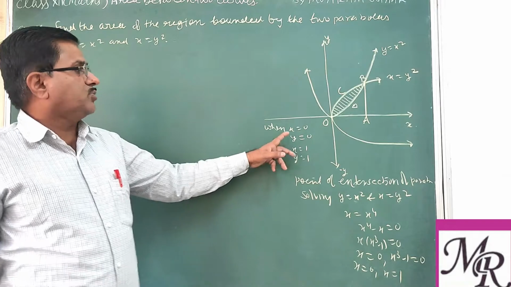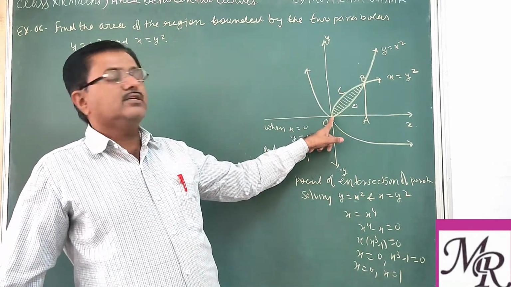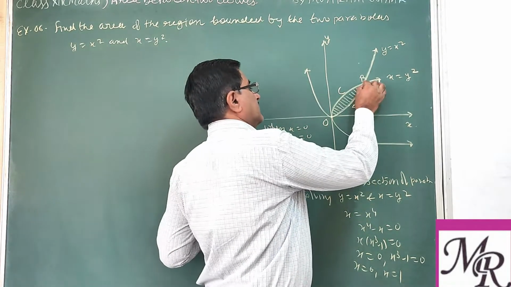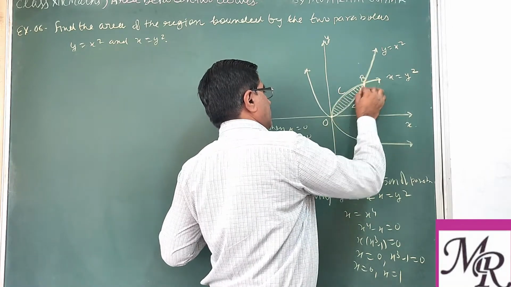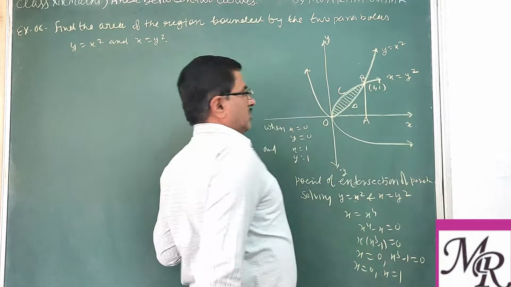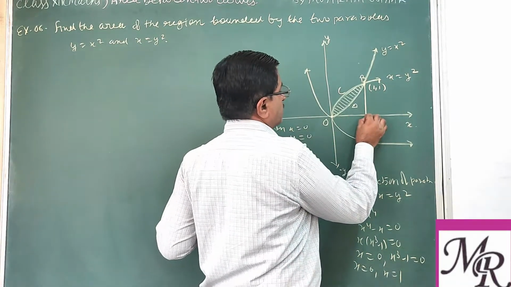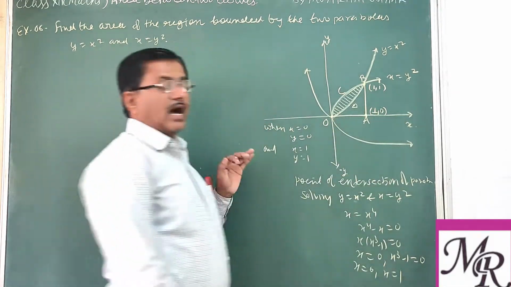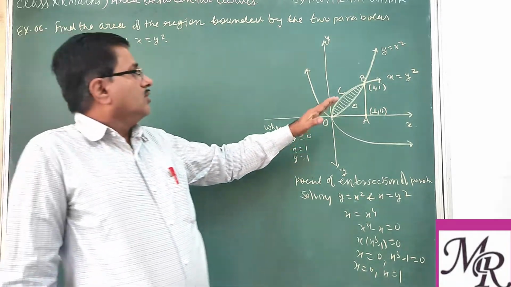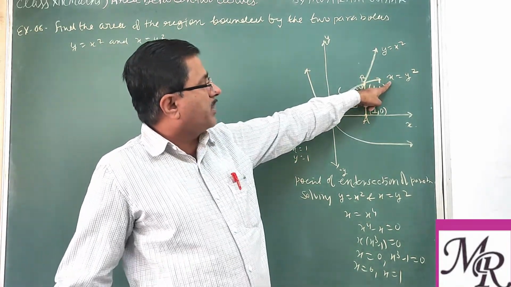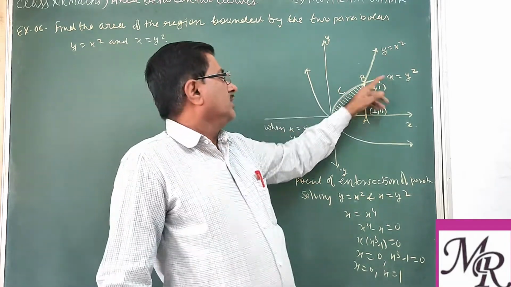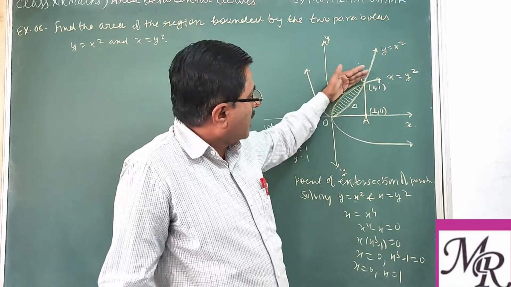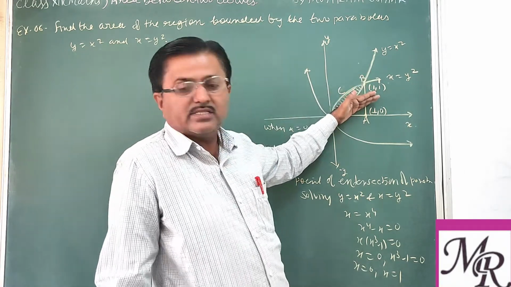So the first point where they intersect is the origin, which we know is (0, 0). And the second point of intersection is this one. You are seeing here that there are only two points. So its coordinate will be (1, 0); when you put the coordinate for A, it is x equal to 1, y is 0. Now an important thing: when we take the first parabola x equal to y square, on the x-axis, the area covered by this parabola is shaded plus unshaded.